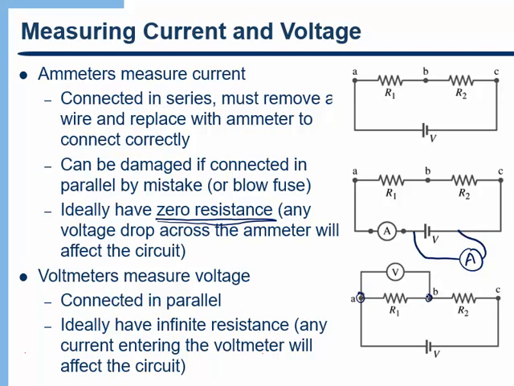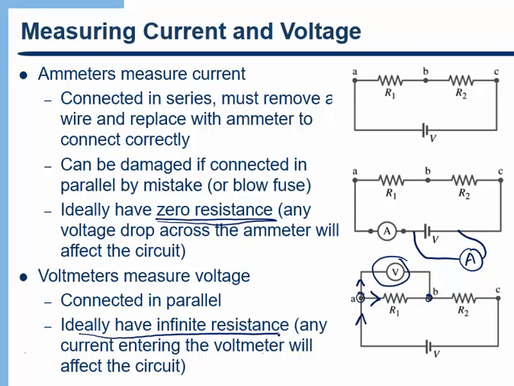Now, again, we don't want our measuring instrument to affect our measurements. So the current that's coming up here, we basically want all of that current to go through R1 and almost none of it to go through the voltmeter, ideally none at all. Of course, a little bit has to. But in order to get very little current to go through V, we want it to have a very high resistance, ideally infinite, but just big.